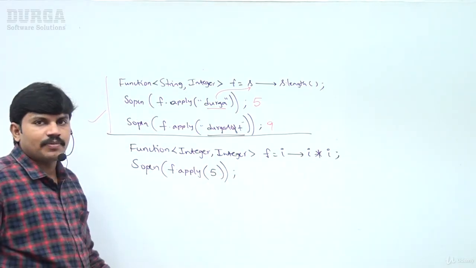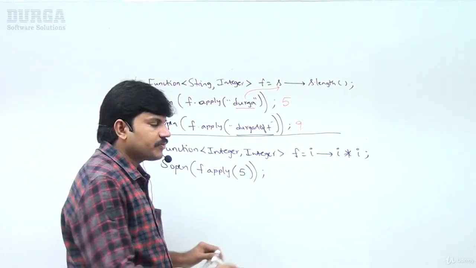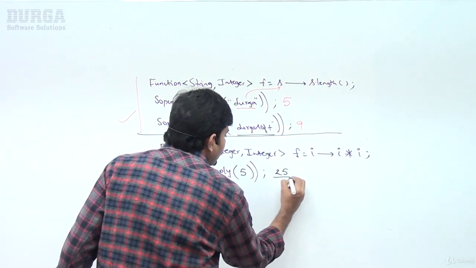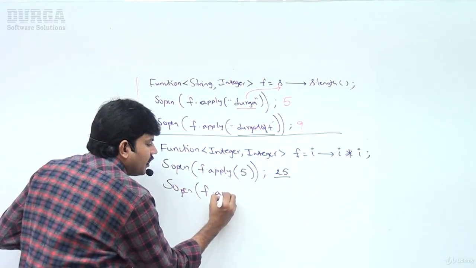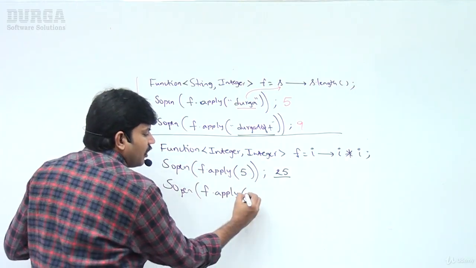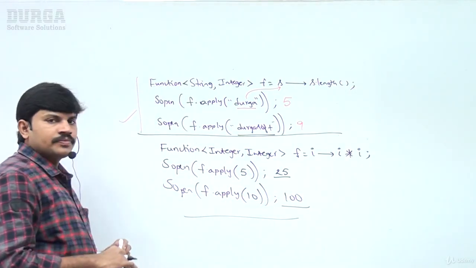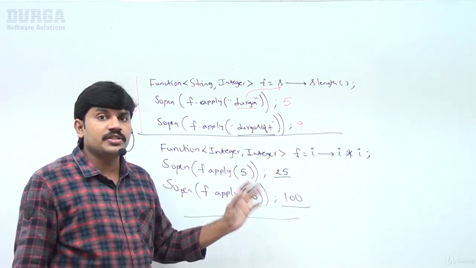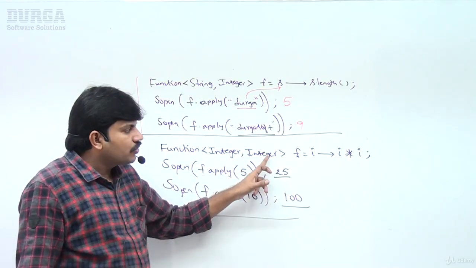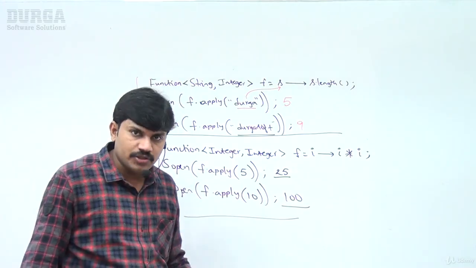If I take f.apply(5), 5 will become i and the square means 5 squared. What is its value? 25. System.out.println(f.apply(10)). What answer will we get by default? Is it clear for all of you? So we can use the function interface to perform some operations and return the corresponding value.